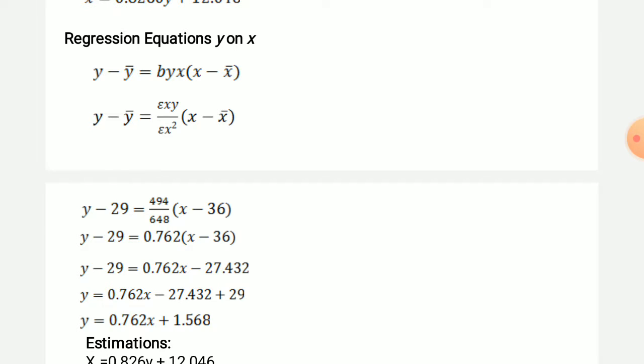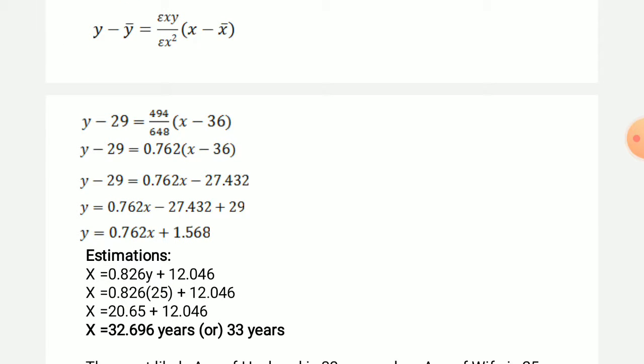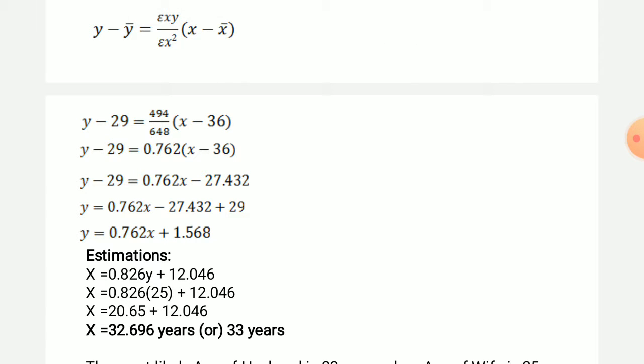Now y minus the value of y bar, 29, is equal to sigma xy 494 divided by sigma x square 648 into x minus 36. Now y minus 29 is equal to 494 divided by 648, which is 0.762, into x minus 36.